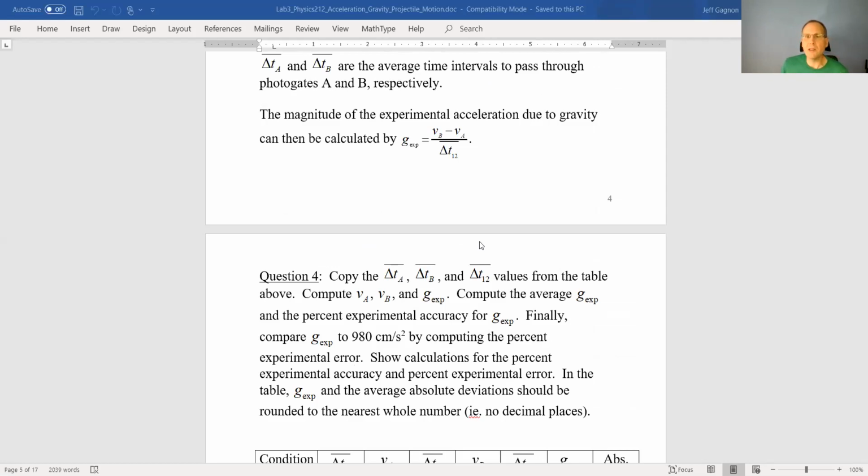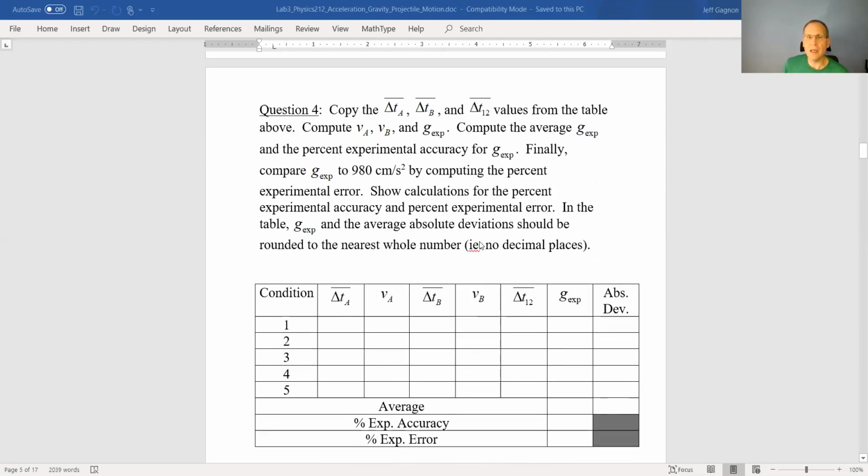Well, in this case, the change in position is the diameter of the ball. And then the change in time is the time it took that diameter to pass through the photo gate.